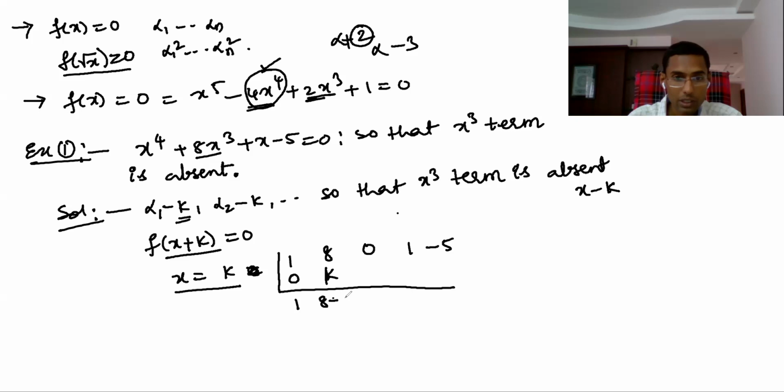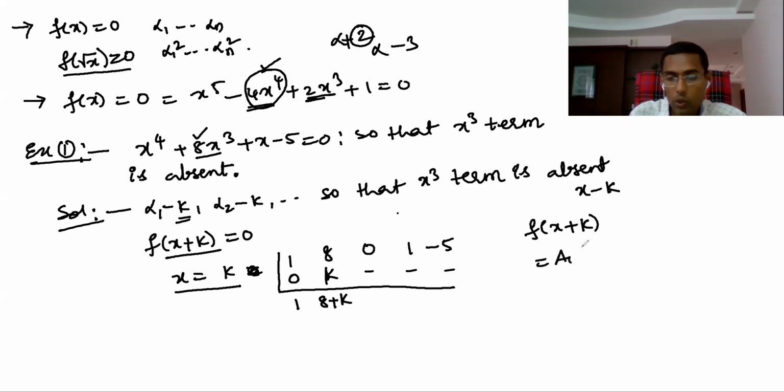These three terms I need not write here; you add something and get something each time. What I need is this coefficient, which I should make 0. So like this you get f of x plus k.